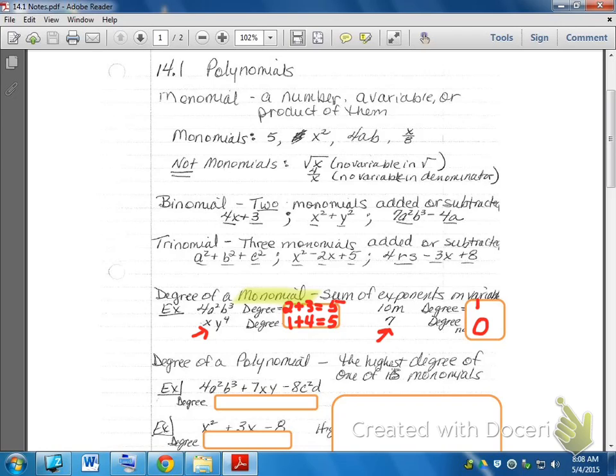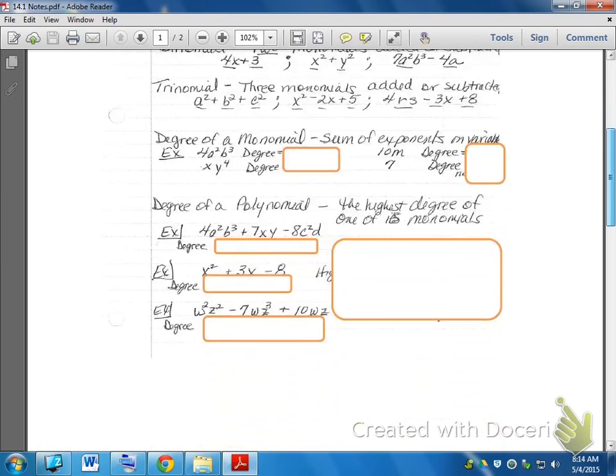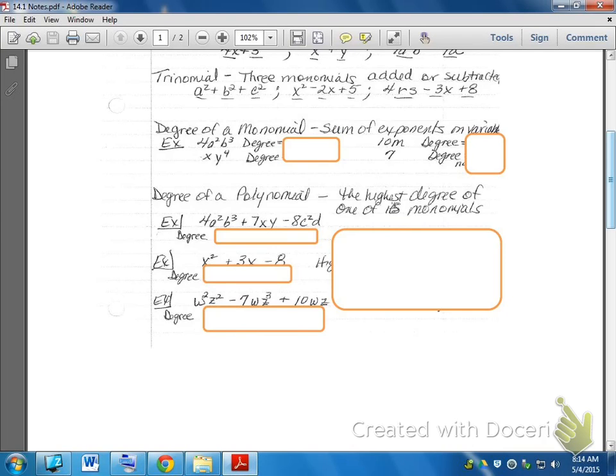Okay, here's where it gets kind of funny because I'm changing to degree of the polynomial. Once you learn degree of a monomial, usually you think, oh, I've got to add them up all the way across. No, no, no. Degree of a polynomial is the highest degree of one of its monomials.